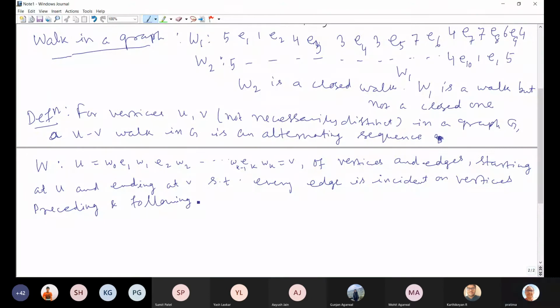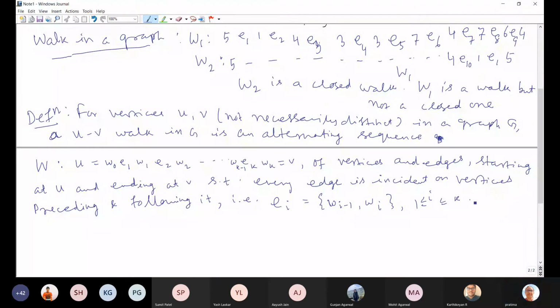Okay, so that is, this edge Ei will be between Wi minus 1 and Wi, right? This is what the Ei we have defined, for i from 1 to k.